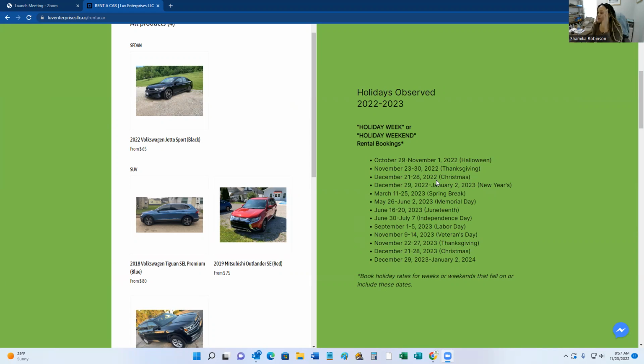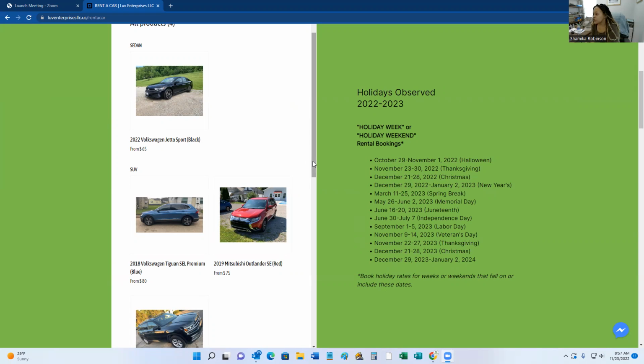If you look here, December 21st through 28th is considered a holiday. Any days that you book within that have to be considered a holiday. So that is 7 days, so that would be a holiday week.